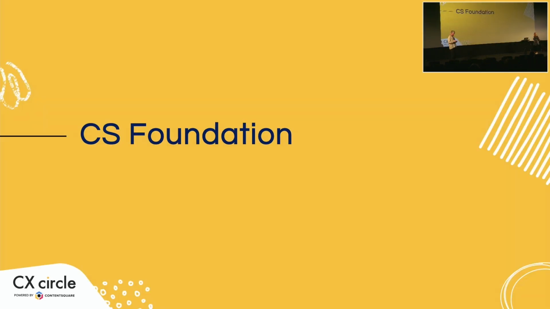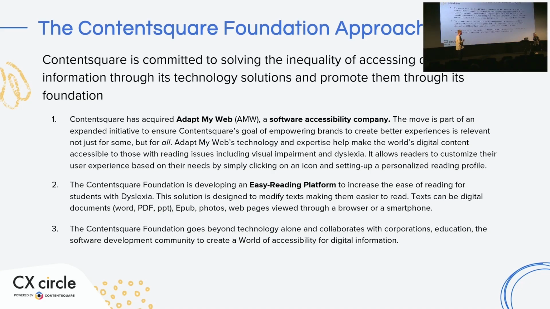So before we kick off, I just want to talk about the CS Foundation. I'm not sure how many people are aware of the Content Square Foundation approach, but towards the end of last year, we set up this non-profit organization that is committed to solving the inequality of accessing digital information. We're looking at developing an easy reading platform to increase the ease of reading for students with dyslexia.